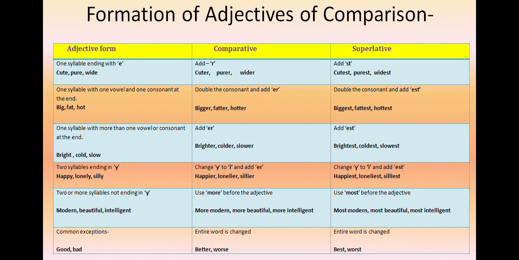So if a word has more than 2 syllables, we are going to use more and most in comparative and superlative degree. Common exceptions of adjectives are good, bad, like good becomes better and best, bad becomes worse and worst.